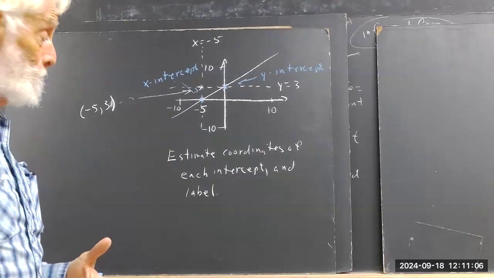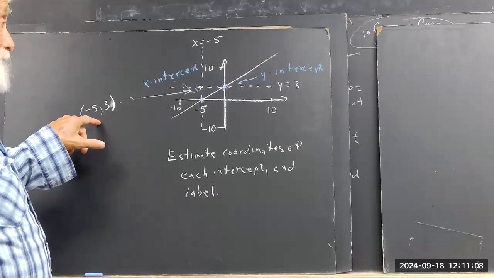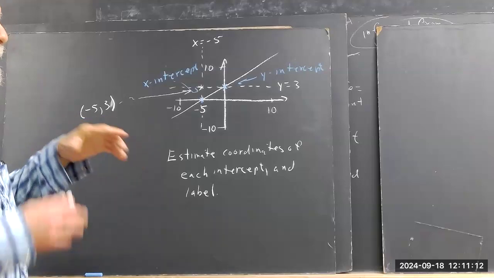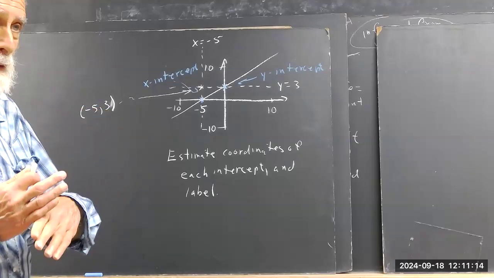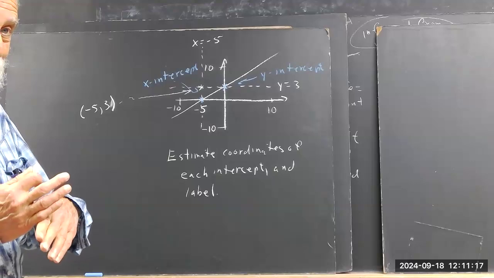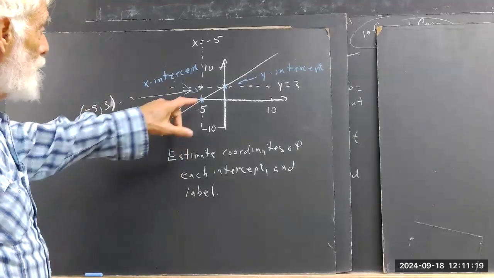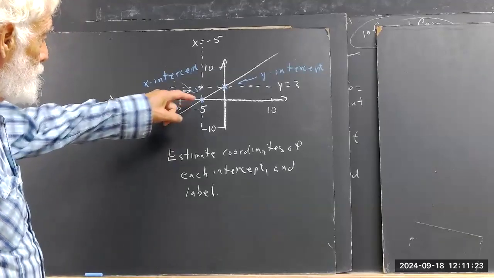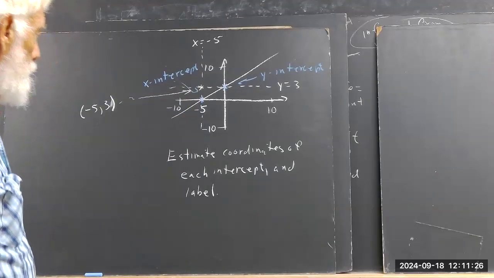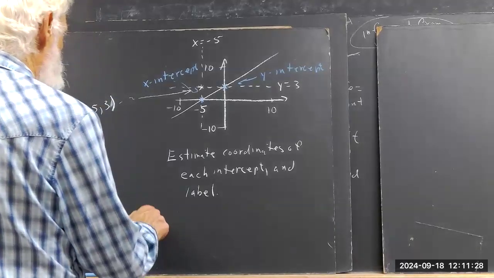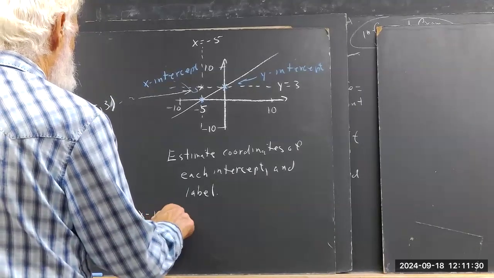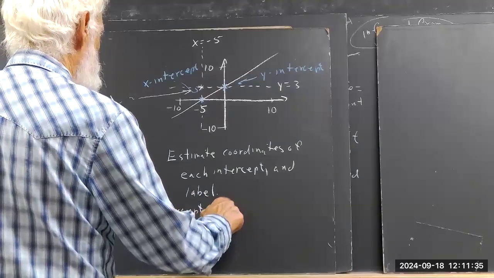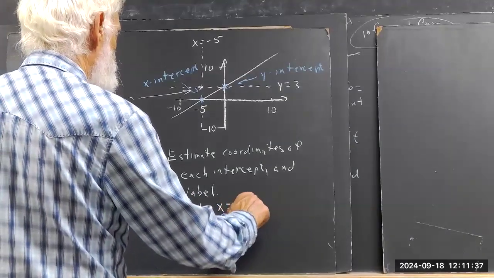All right. So that's not bad, because again, that's exactly what we were doing a minute ago. So you fell into that. But think about what the actual question asked. The x-intercept. x equals -5.